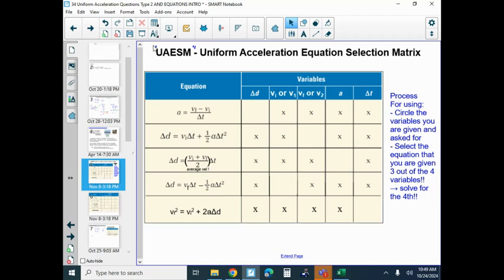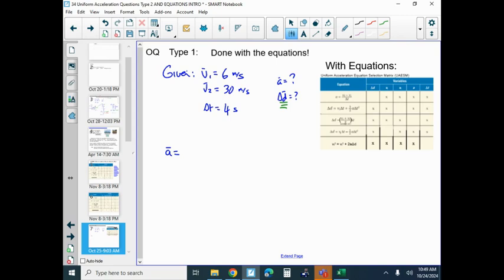Anyways, the idea is you circle the ones you have or you're looking for, right? If you have, or are looking for, all 4 of them, so you have 3 and you're looking for the 4th, then you can use the equation. In this case, we have v1, v2, time, and we're looking for acceleration.